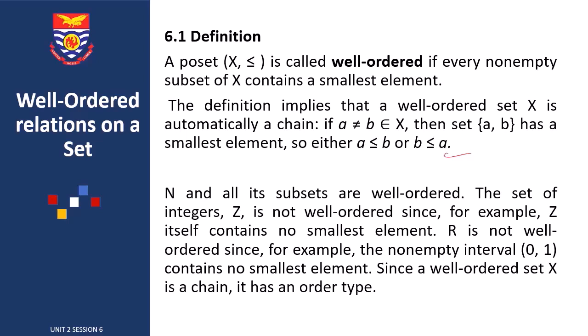So Z can be all negative or all positive, so there is no smallest element; it is not restricted. But natural numbers, we know, exclude negatives, so there is a smallest number.